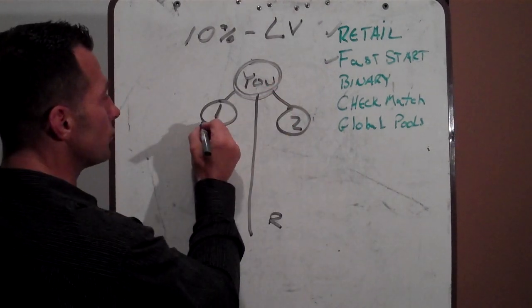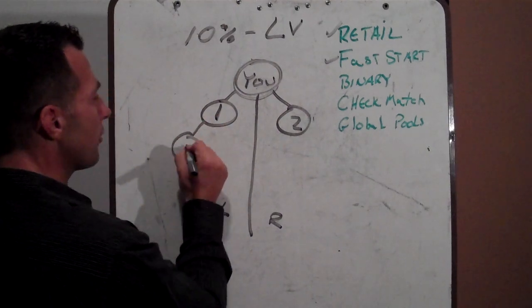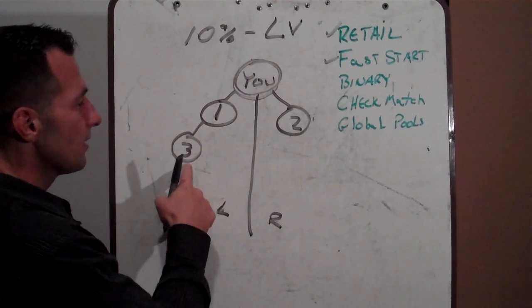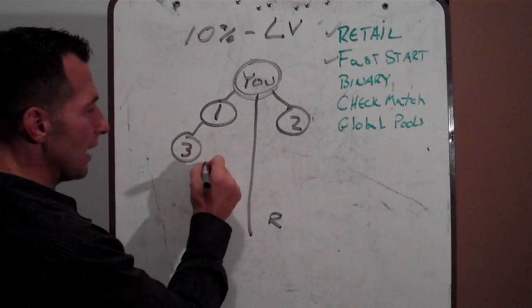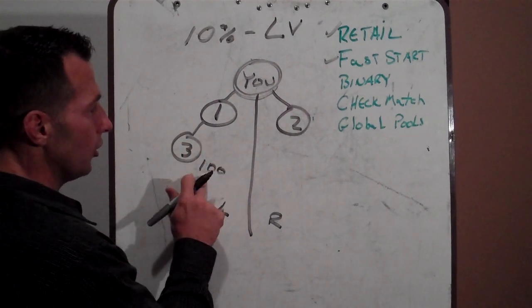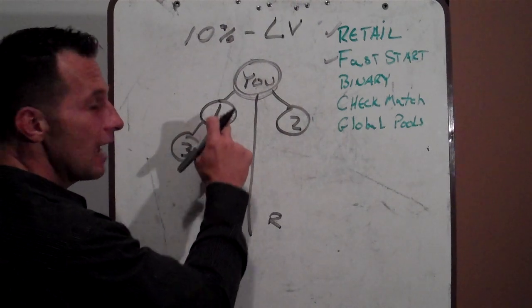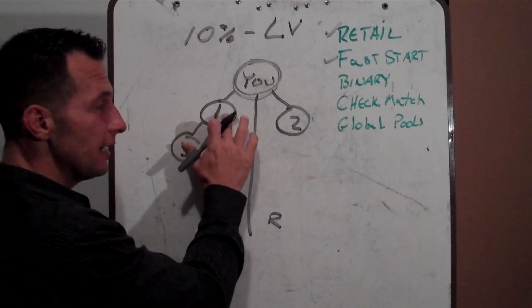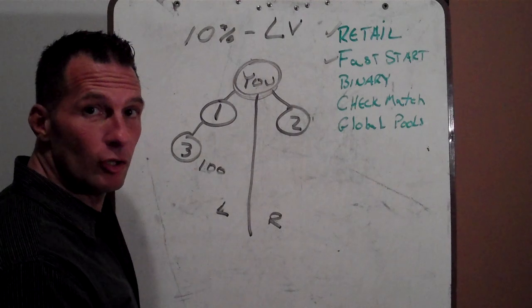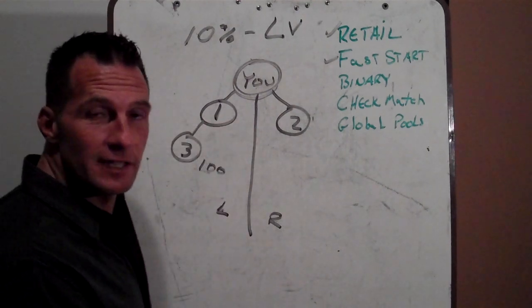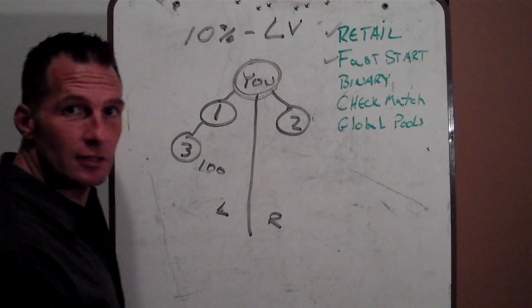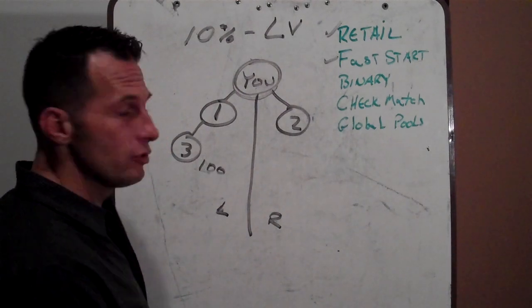So if you had a third person, you may decide to put that third rep here. What happens is now the volume for this guy, let's say he buys $100 worth of volume, is actually going to count towards this person right here having $100 in volume towards his business, and it would obviously help him to offset his lesser or greater size of volume requirements for promotions.